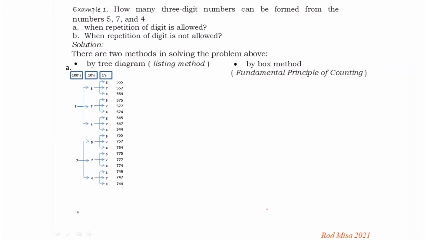So here we have 9 more 3-digit numbers, the 3-digit numbers that start with 7 in the hundreds place.